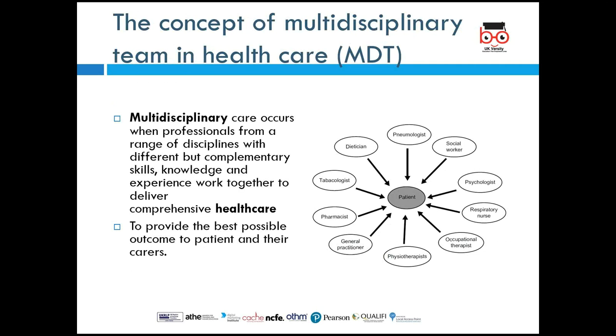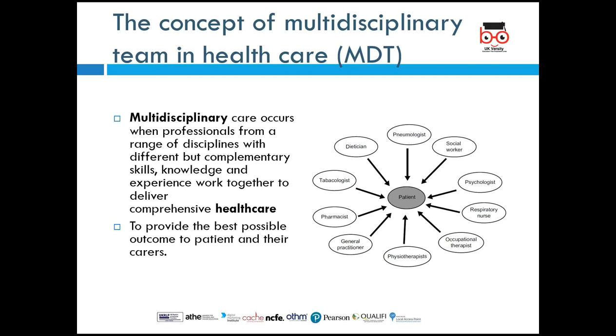Now, in terms of multidisciplinary care, the patient is always at the center. So if you take a patient at the center, we can say that a social worker could be part of it, a psychologist, a respiratory nurse, occupational therapist, physiotherapist, a general practitioner, a pharmacist, a tuberculist, a dietitian, or pneumonologist can all work together in order to achieve a patient outcome.